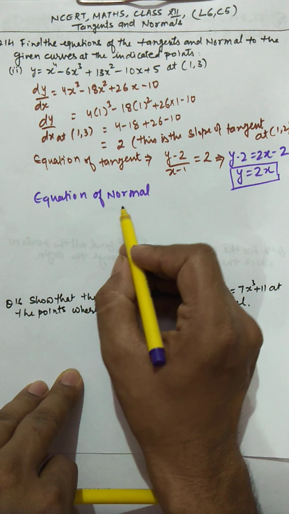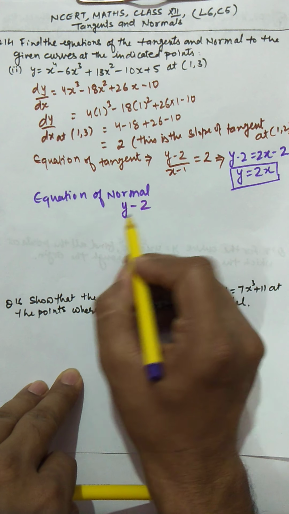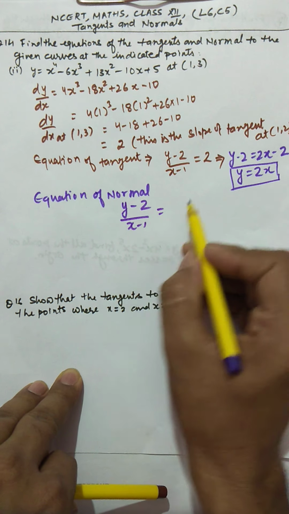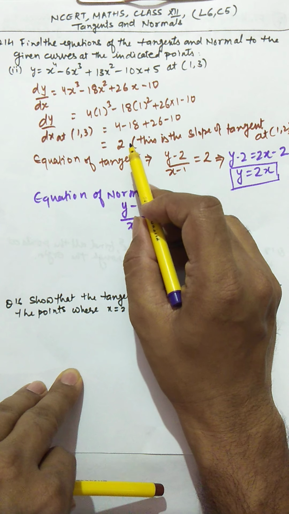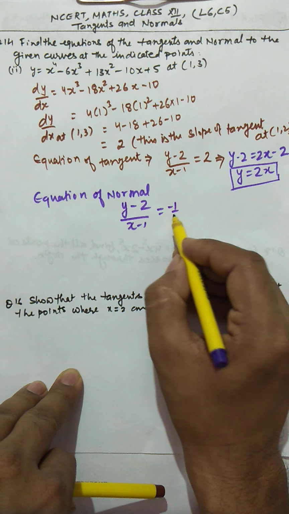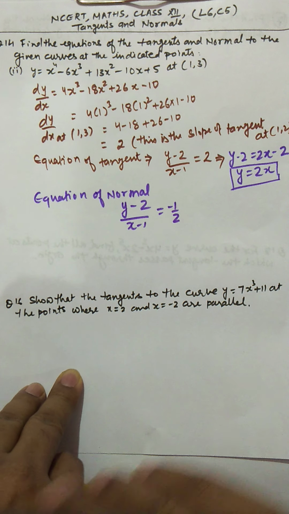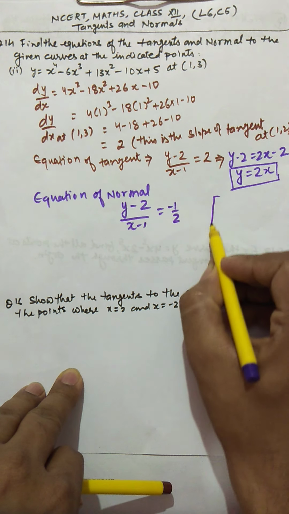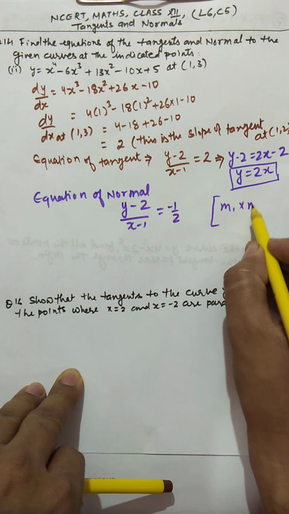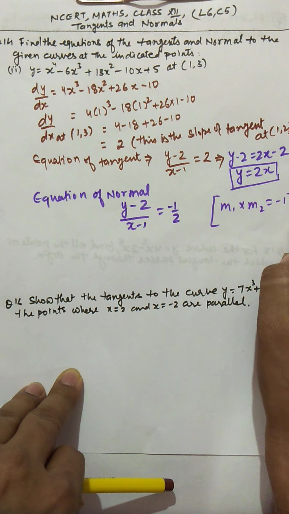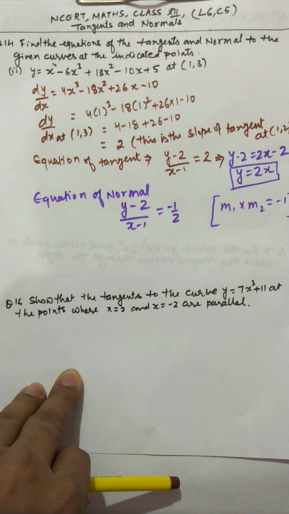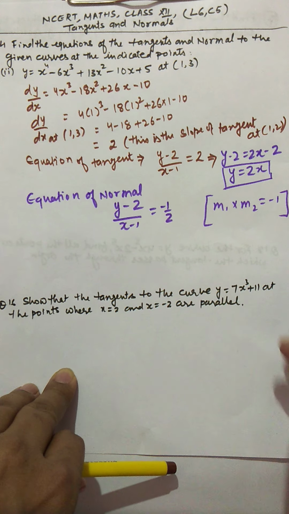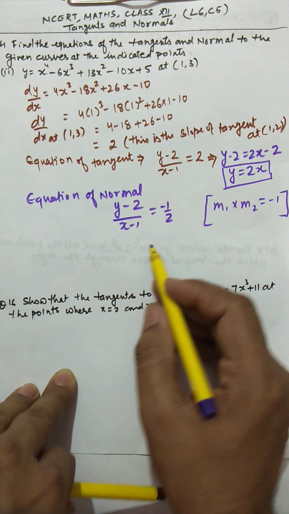So you can write y minus 2 upon x minus 1, and the slope of tangent is 2. So the reciprocal of this is 1 by 2 with a negative sign. You know this formula, m1 into m2 is equal to minus 1 if lines are perpendicular, the product of the slopes will be minus 1. So with the help of this, we have found it.